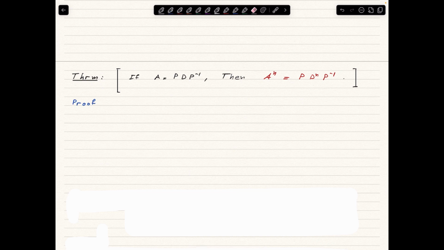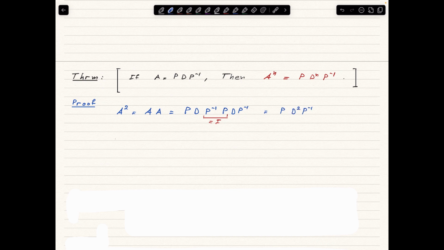Just compute what A squared is first. A squared is going to be A times A, which is, because A is diagonalizable, P D P inverse times P D P inverse, and of course these two matrices cancel into the identity, and then we get P D squared P inverse.